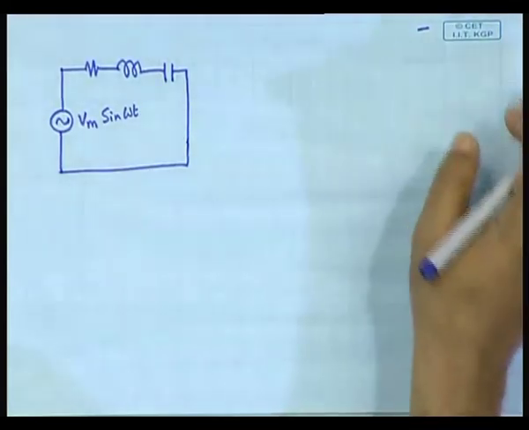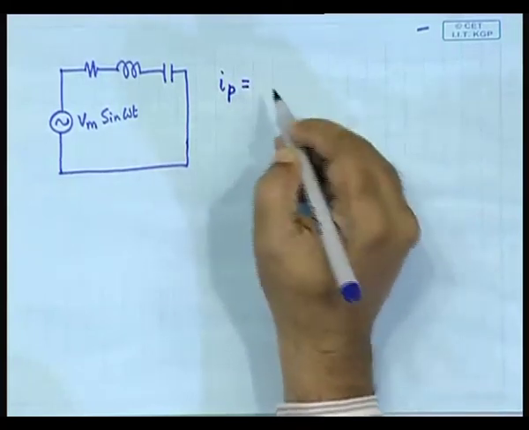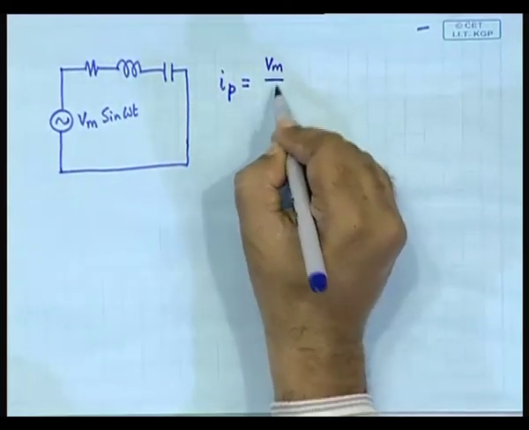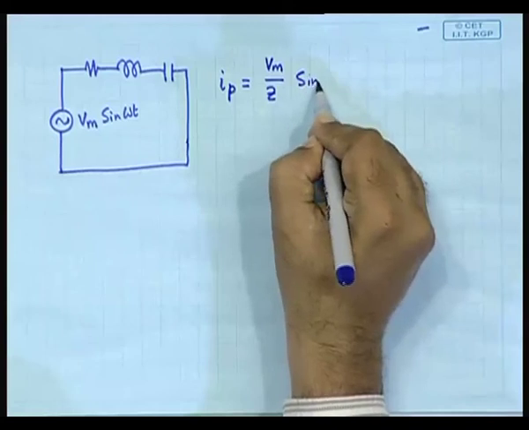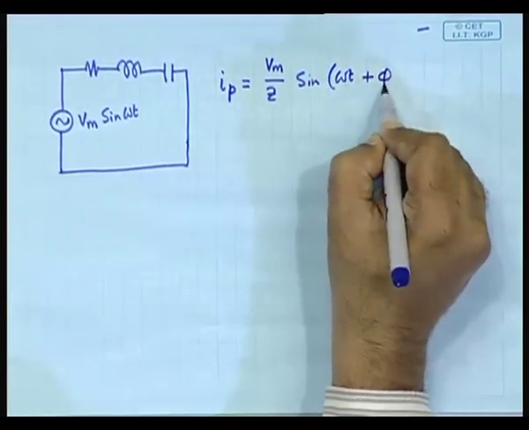So, that is something we know. So, the IP part is V m by Z sin omega t plus phi.